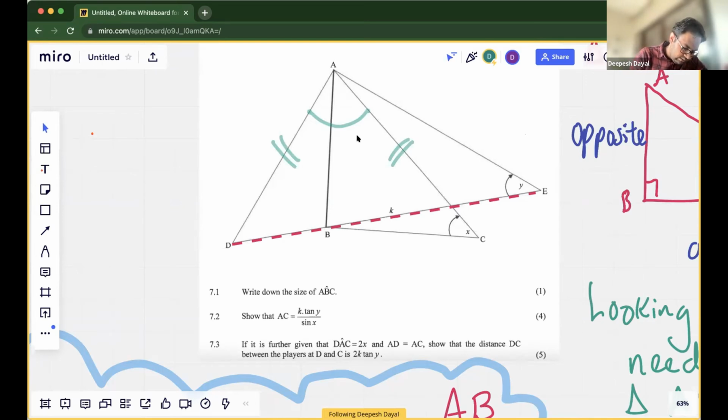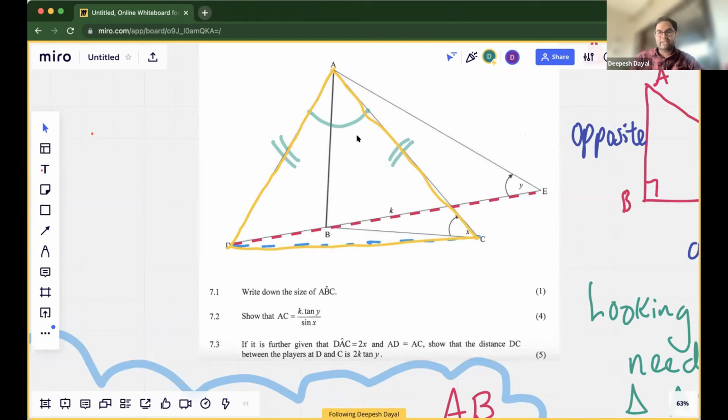Which is here. That triangle there, right? Can you see that new triangle that we're focusing on? Let's highlight it. That's the new triangle we're looking at.